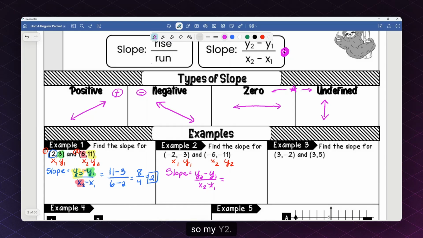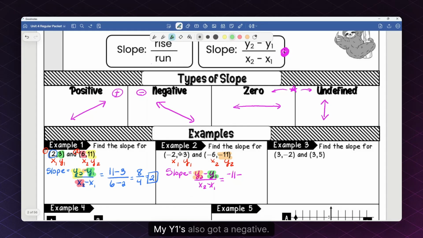Okay, so my y2, I'm just going to go grab that real fast. I got my y2. It's this one here. It's got a negative. I'm going to be careful and take that with it. Okay, so I got negative 11 minus, and then my y1.